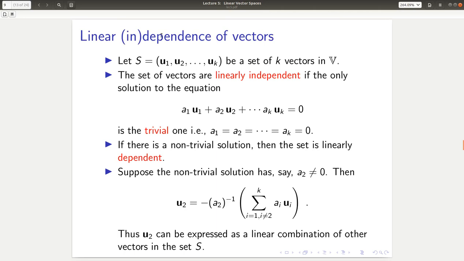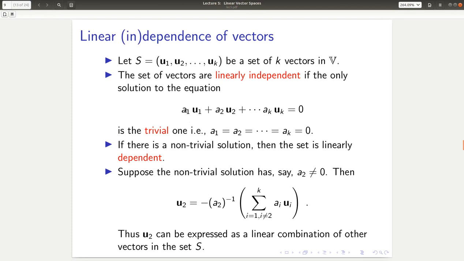So now we come to an important idea which is called linear independence of vectors. So again, like before, let S be a set of k vectors in some vector space V. Then we say that the set of vectors are linearly independent if the only solution to the equation a1 u1 plus a2 u2 plus up to ak uk equal to 0, where a1, a2 to ak are scalars, is the trivial one.